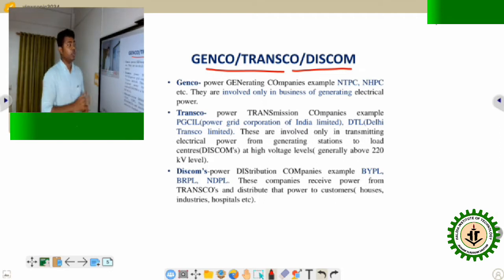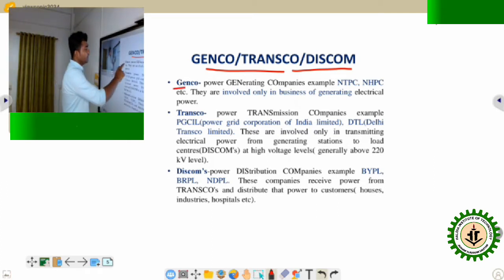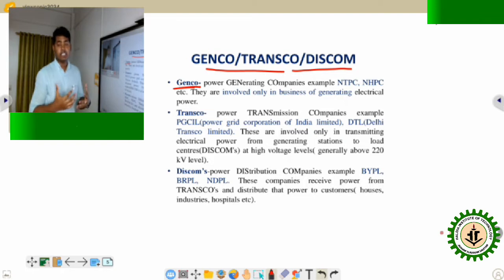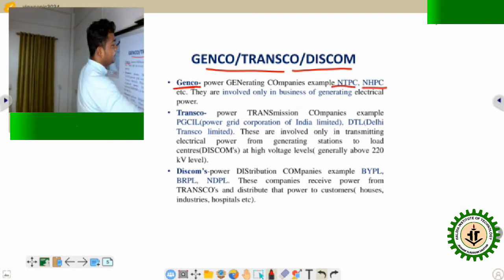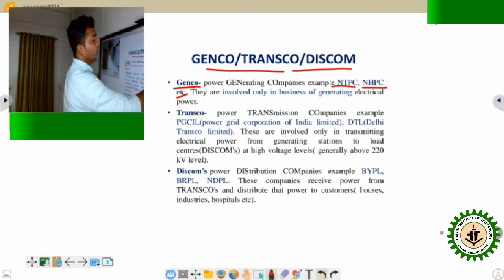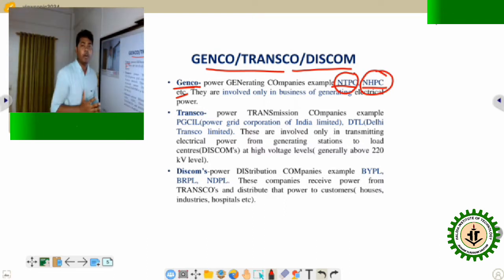Genco is the generation company which is involved in the business of generating power. Examples of Genco are NTPC, NHPC, etc. NTPC means the National Thermal Power Corporation, and NHPC, the National Hydro Power Corporation. Under NTPC the thermal power station is there, and under NHPC the hydro power plant is there.